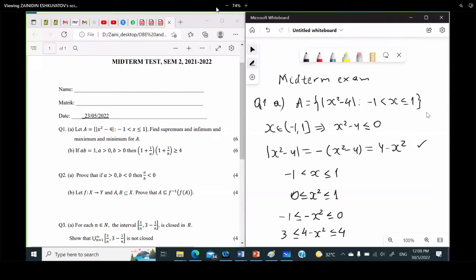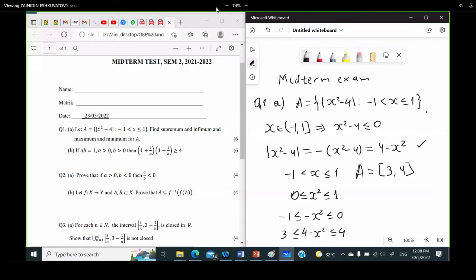Okay, so now you see, if now a set A is equal to what? Is including 3 and 4. It is an interval actually. So this set actually equal to this interval, and it is closed interval.